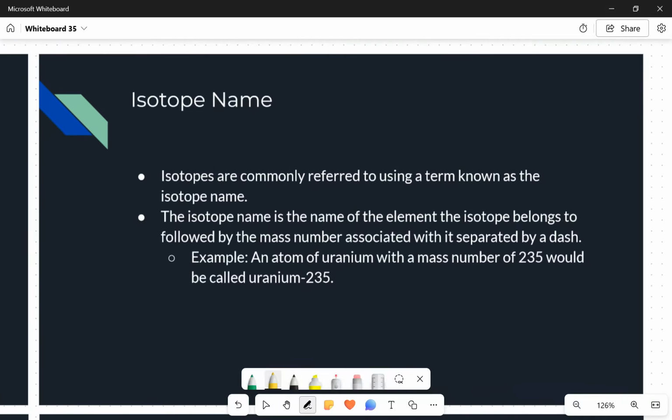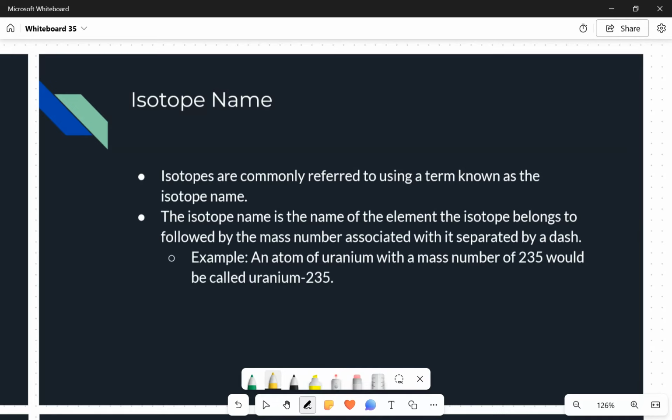Now, we can use the mass number to convey a whole lot of information about particular isotopes. And one of the ways we do that is through what's called an isotope name or an isotopic name. An isotope name is just a quick way to convey to one person or another what isotope you're talking about.